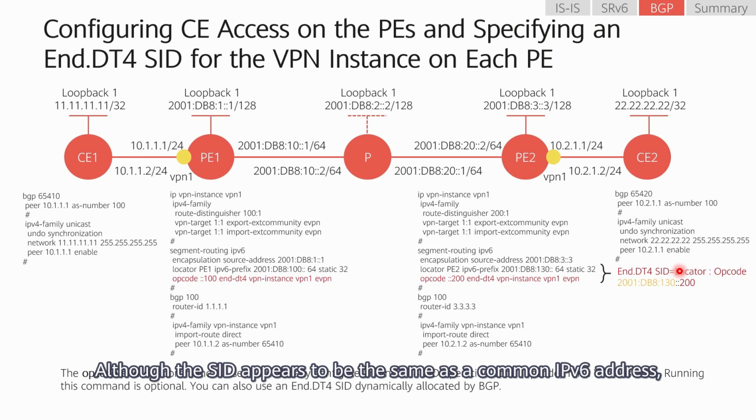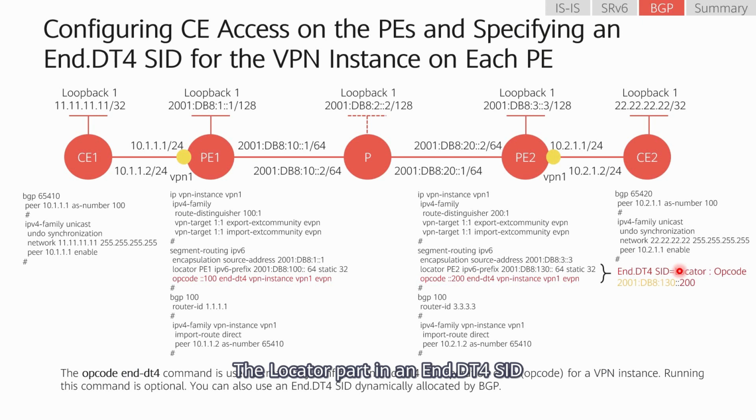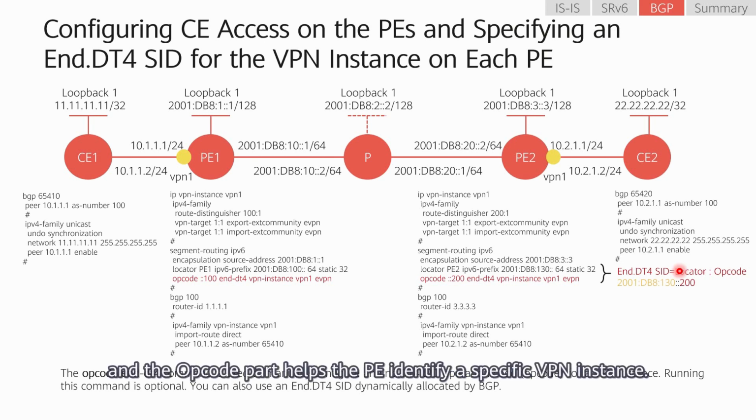Although the SID appears to be the same as a common IPv6 address, it contains a lot of information and functions as an instruction. The locator part in an END.DT4 SID directs packets to a specific PE in the SRv6 domain, and the opcode part helps the PE identify a specific VPN instance.